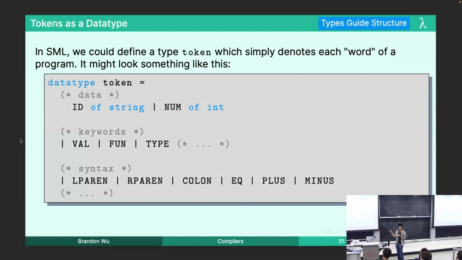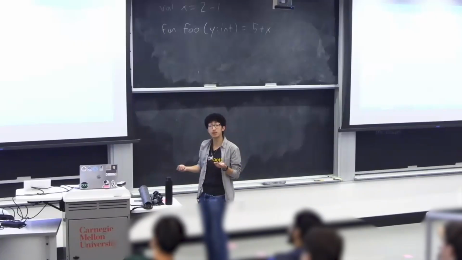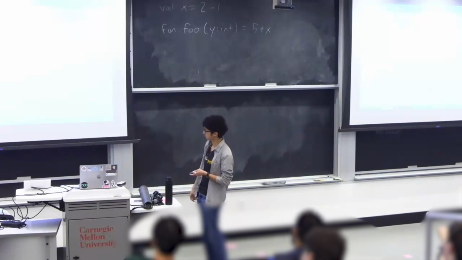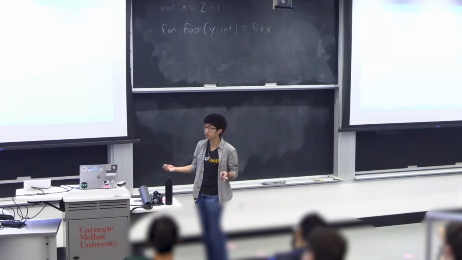Or it could be an identifier, in which case I don't know what the identifier is, but I've got a string along with it that tells me what it is. Or I might have a number, where the number is 1, 2, 3, and so on, associated data. If I have syntax, I also have a variant for each of these things. It might seem exhausting to do this, but for SML, there's probably not more than 30 of these. That seems like a lot, but in terms of a language, that's actually pretty small.